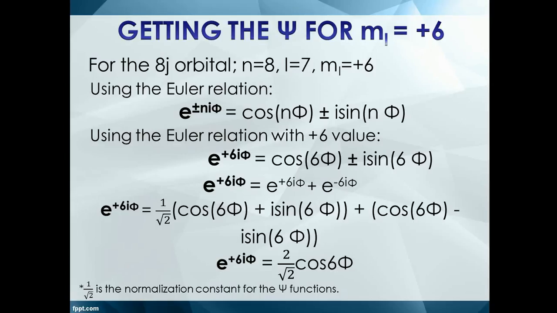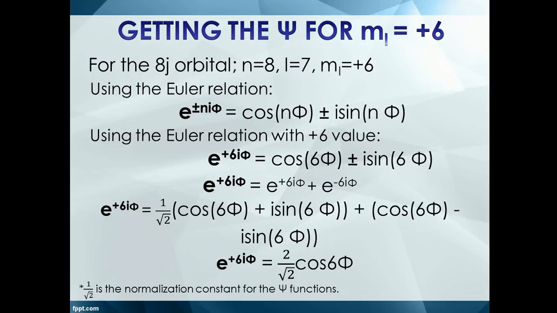Then, simplifying the equation, we get e raised to positive 6iφ is equal to 1 over square root of 2. Take note that the 1 over square root of 2 is taken as the normalization constant for the psi functions of the 8J orbital or any orbital.